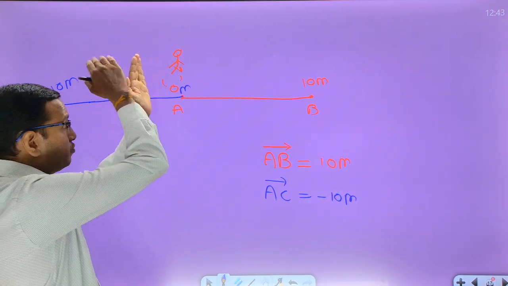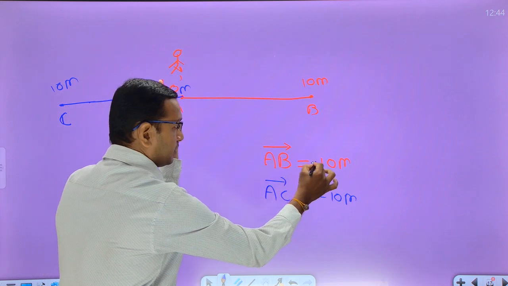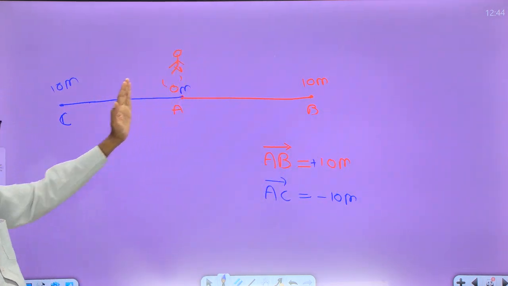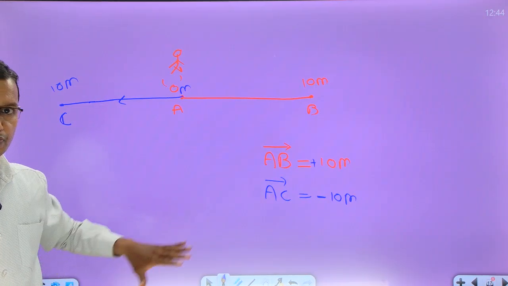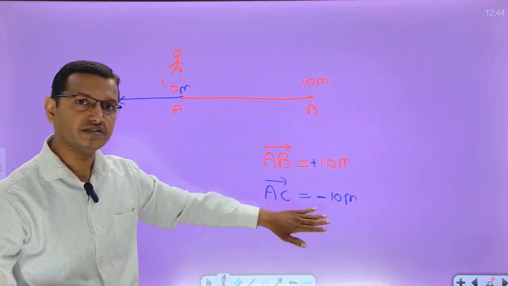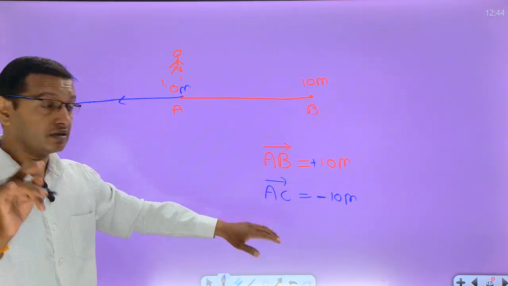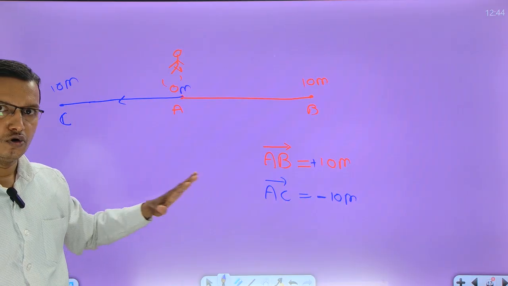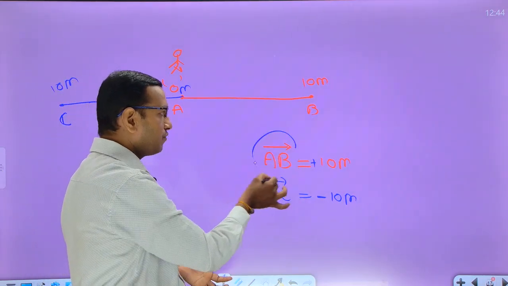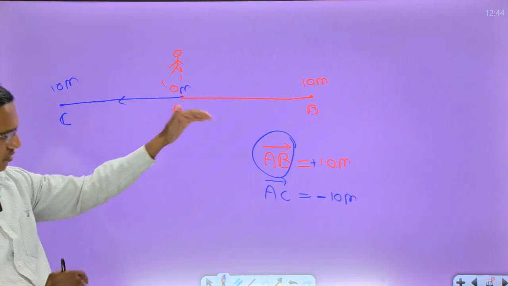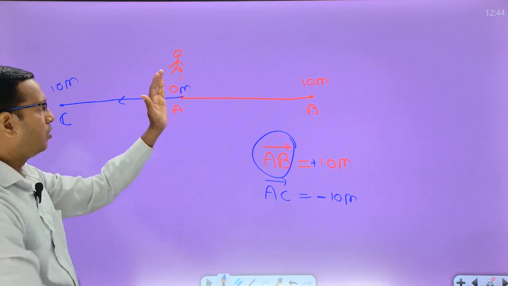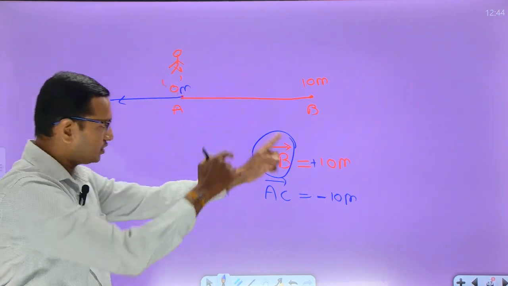If the object is moving towards the right, I take plus 10 meters; if the object is moving left, I take minus 10. So plus and minus signs for vectors come because of directions. AB bar is one vector, AC bar is another vector. Both are displacements only. One is measured along the rightward direction, taken as positive.